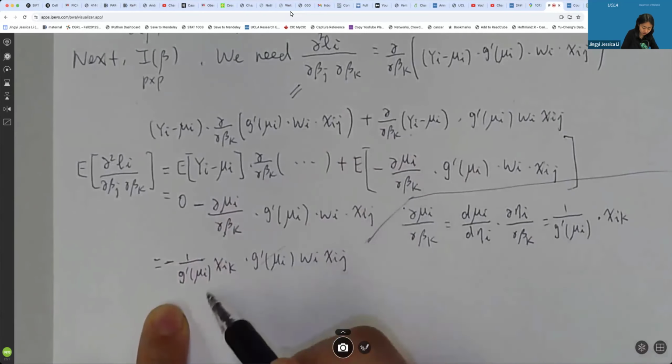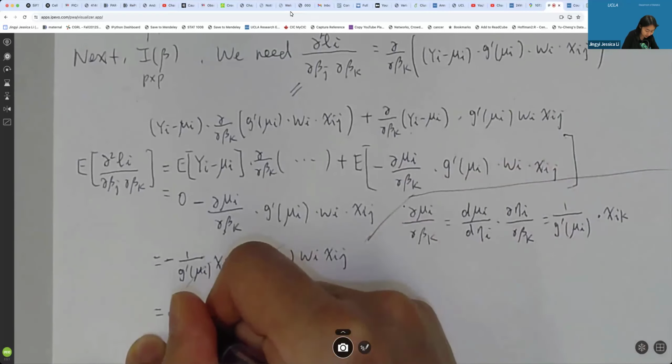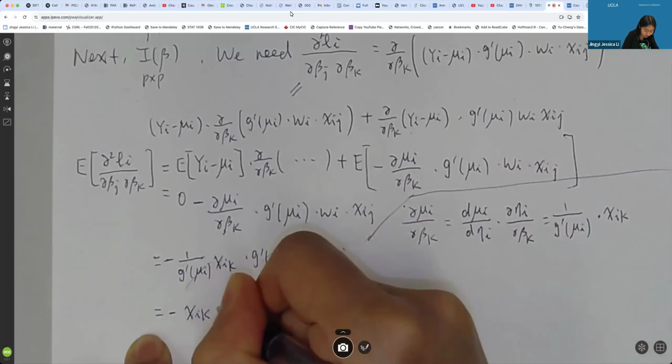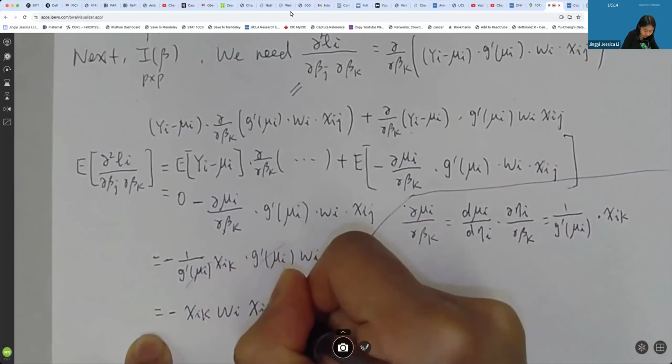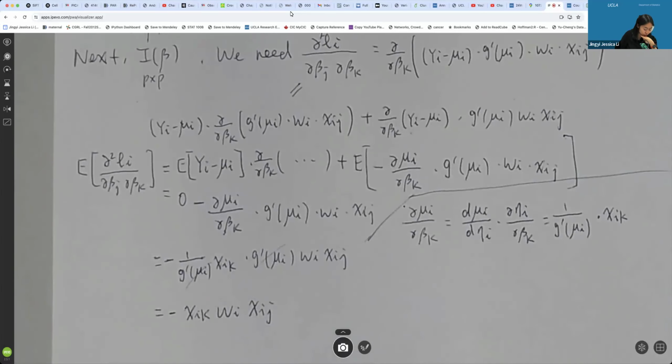So this term got canceled. So I'm left with minus x_ik w_i x_ij, which is a very simple form for the jkth entry, actually, in my negative Fisher information.